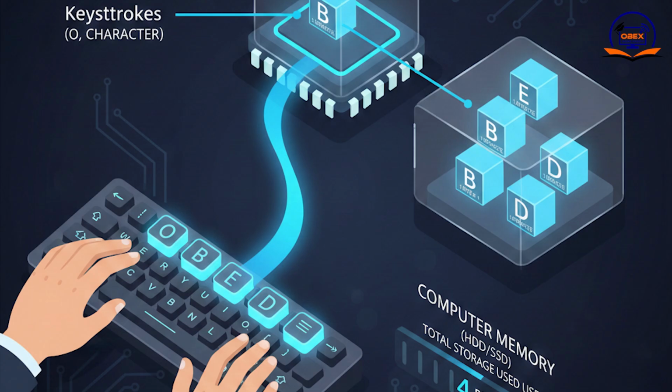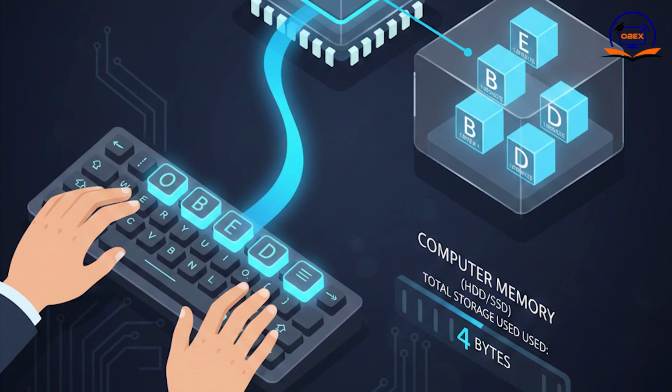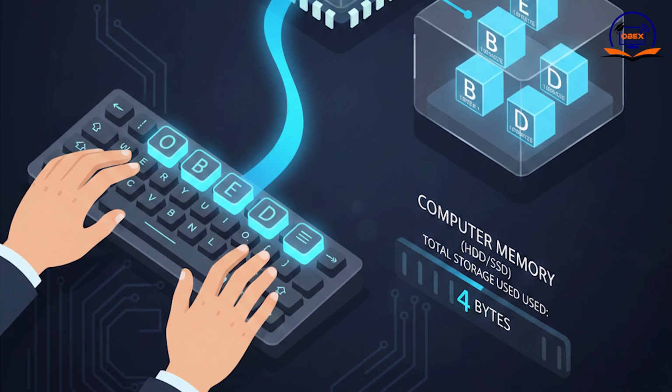Like, for example, my name is Obed. If I stored that as plain text on my computer, my name would take the space of 4 bytes because it has 4 letters. One letter is equivalent to a byte. So remember, just a very plain character has no color and other details.